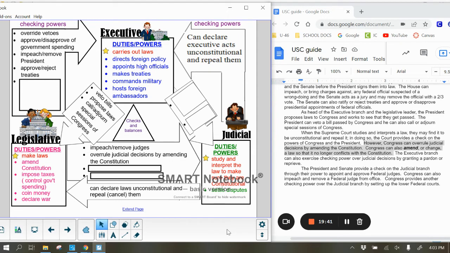So, for example, Congress changed the ability to have slave trade in the Constitution. They changed that to overrule a judicial decision that said slave trade was legal. And so Congress changed that.